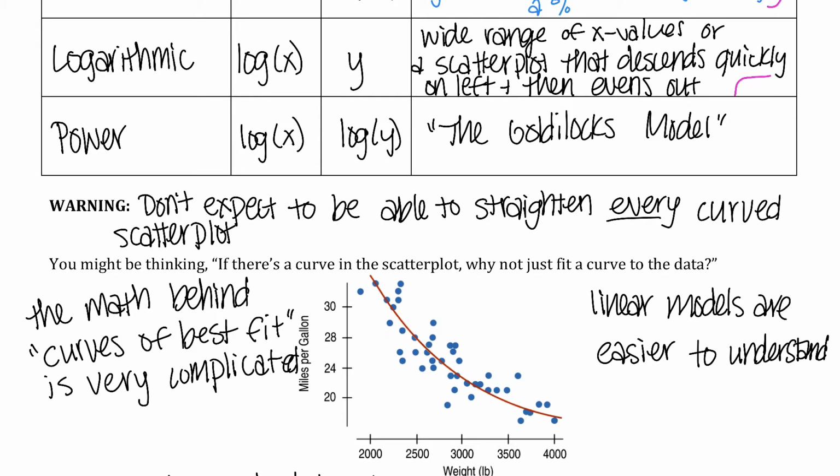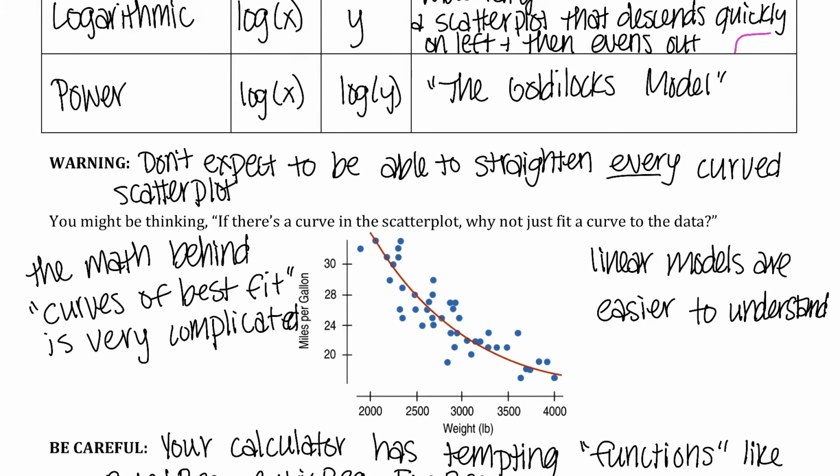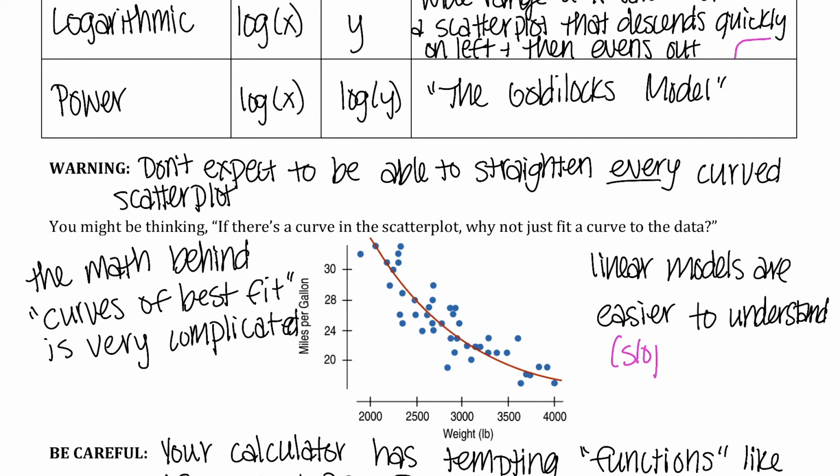But if you have a straight line, it's easy for everyone to understand, and you can easily interpret your slope and your y-intercept, right? Y-intercept, starting point. Everyone understands that. Slope, as this goes up by this much. Easy things for you to understand and for the people you're trying to explain your model to understand. Okay? So we're going to stay away from curves. We're just dealing with lines in this class, but I just wanted you to know where I'm coming from there.